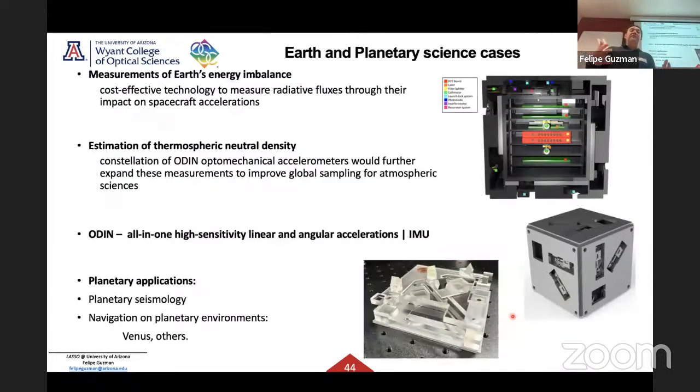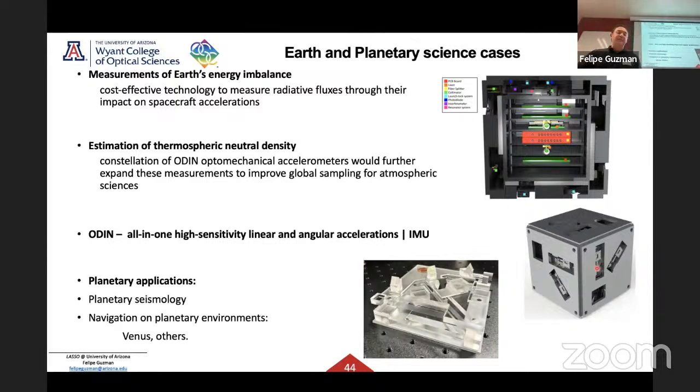So we've proposed this concept to NASA for not just Earth observing platforms, but also for planetary seismology, for example. You can deploy something like this on Mars, or, well, now that we're trying to go back to the moon, you need to monitor the activity in the moon. So you can deploy these compact devices, these little boxes around the moon, and do your measurements.